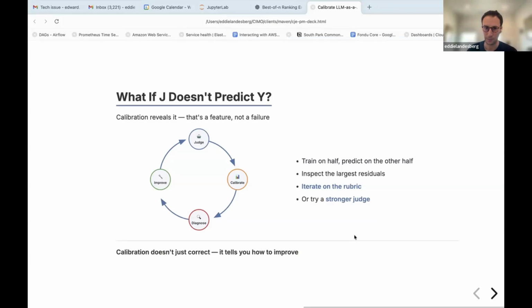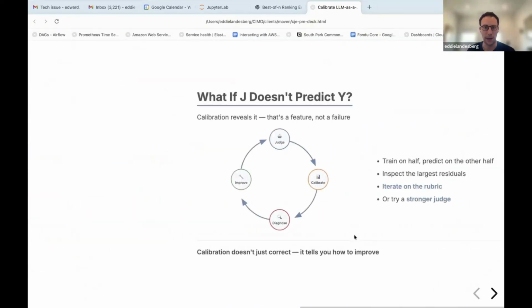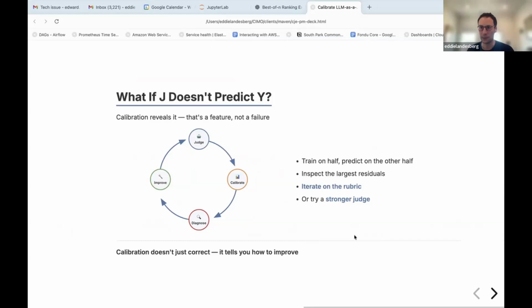And so yeah, the workflow that I recommend when you're first standing up a judge and you're figuring out how to design a rubric or how to prompt it in a way that does correlate well with the thing that you care about, is basically you take this small data set where you have both the human labels and the LLM judge labels, and you train the calibration on half of it, and then you predict on the other half.